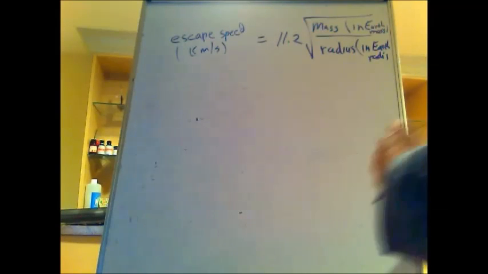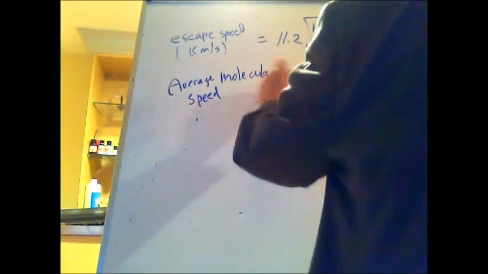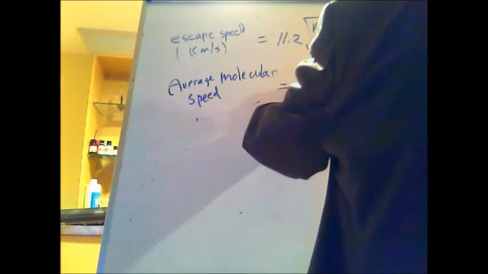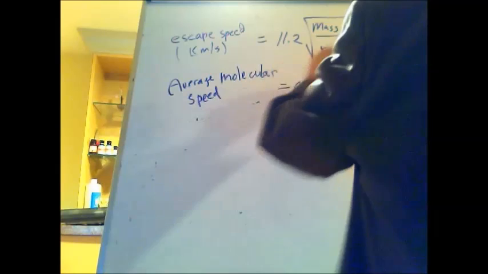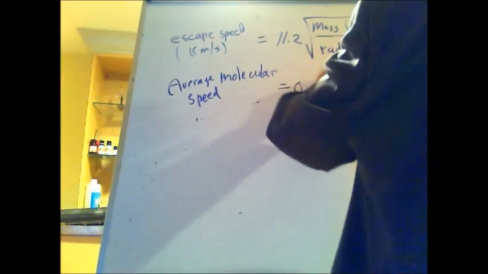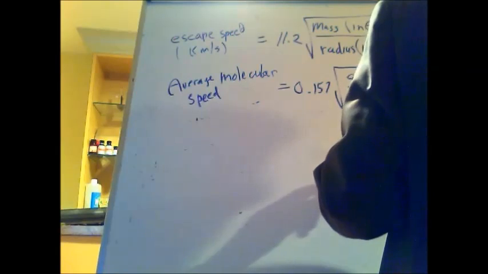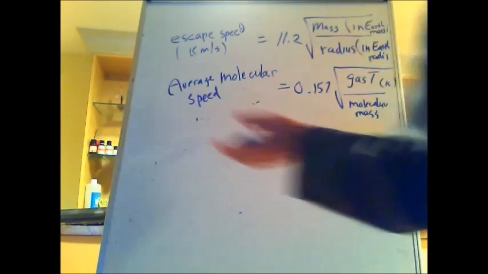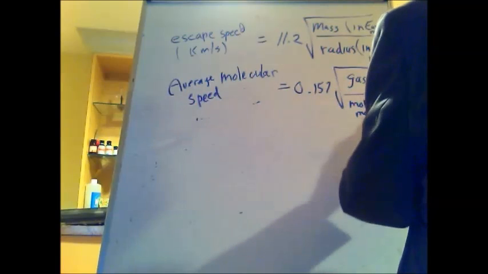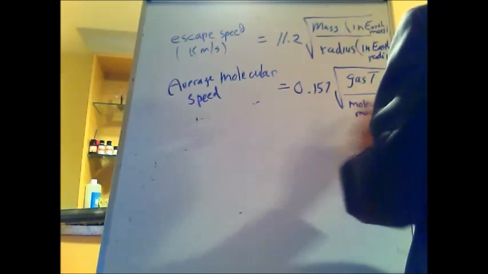So the average molecular speed is equal to 0.157 times the square root of the gas temperature in Kelvin divided by the molecular mass, which your book says is in hydrogen atom units. Basically, we're just looking at the atomic mass here.